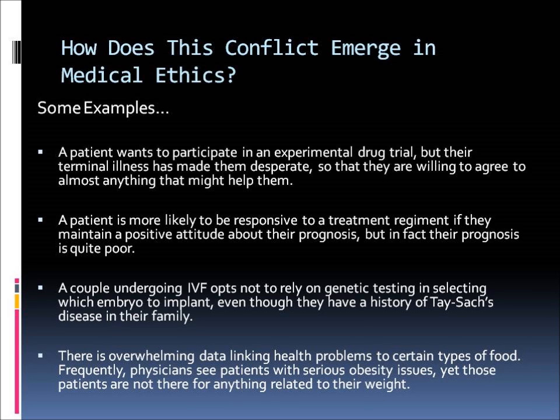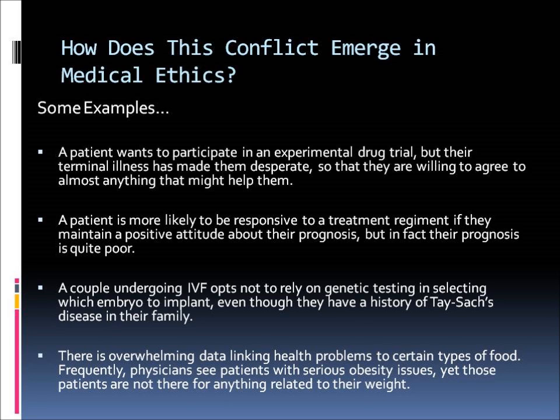Now, you might think that terminal illness automatically disqualifies them. So we should forbid this kind of participation in experimental drug trials for soft paternalistic reasons, because the individual is not competent. So we can interfere with that free choice to participate in this drug trial because their desperation makes them incompetent in some way.